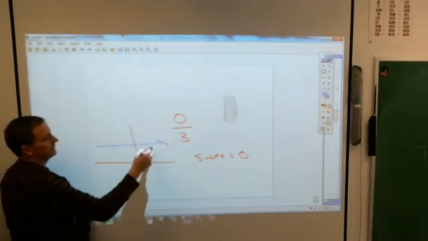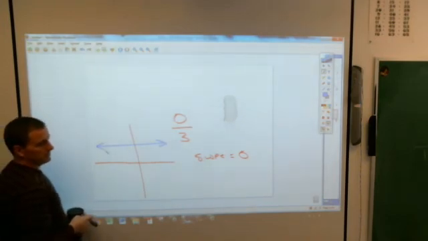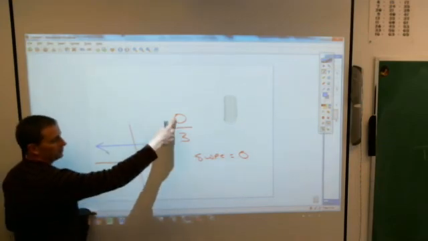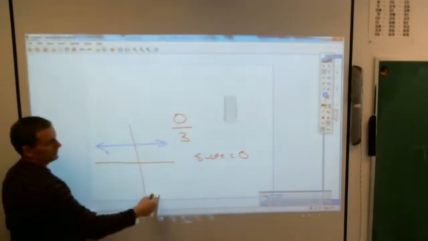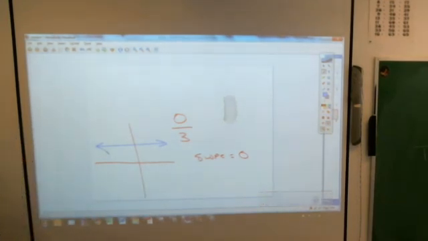Yeah. It's a horizontal line, and it has 0 slope. It doesn't go up at all. So if you get a horizontal line, you'll end up with this. If we have a vertical line, you'll end up with no slope. As fate would have it.